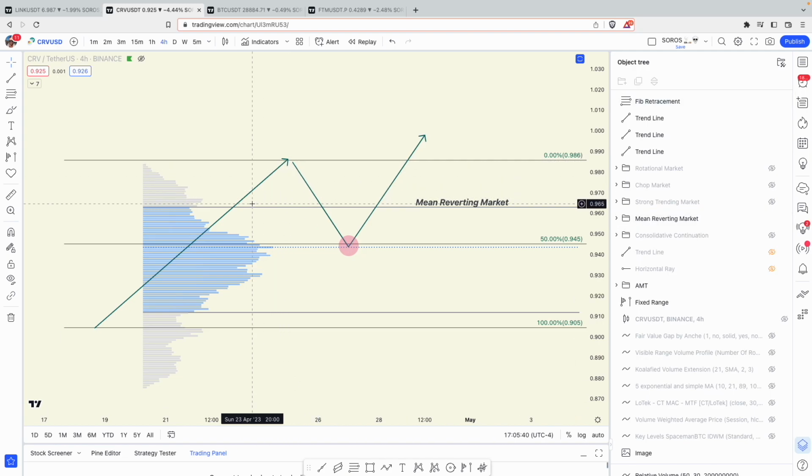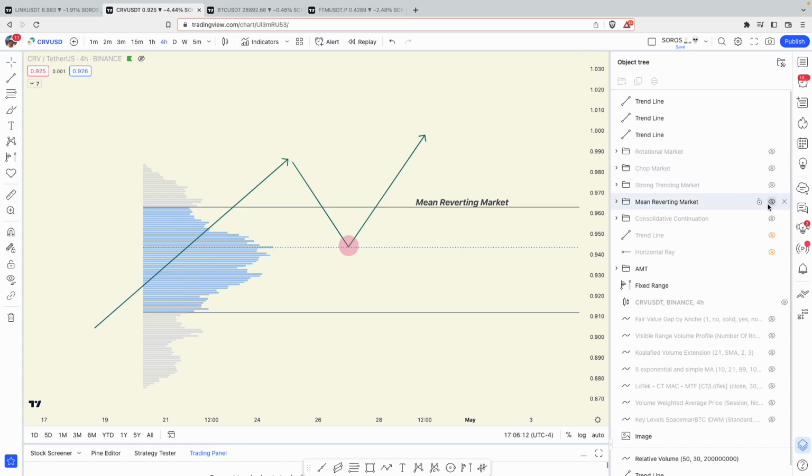So when all the apes start buying that green candle, that massive green candle at the top, that's where you get the volume blow-offs at the top. And then basically you get distribution into strength back down to the 50 fib, which begins discount. And so they're selling at premium. They're selling in premium and buying back in a trend at the mean reversion of the 50 fib, somewhere around the point of control. So that's how I would interpret the mean reverting market.